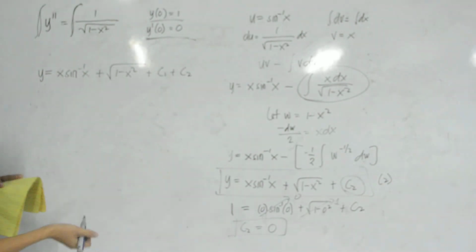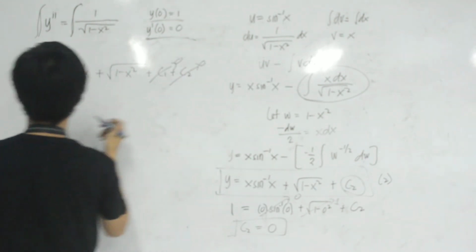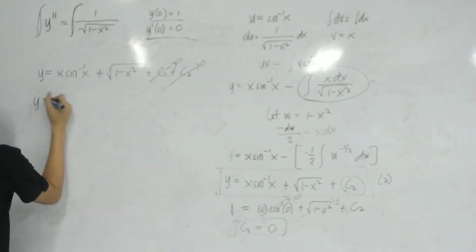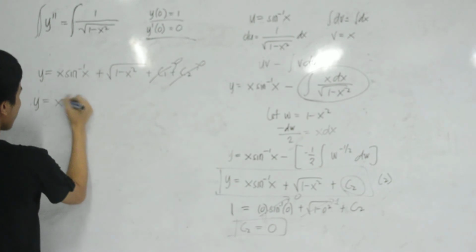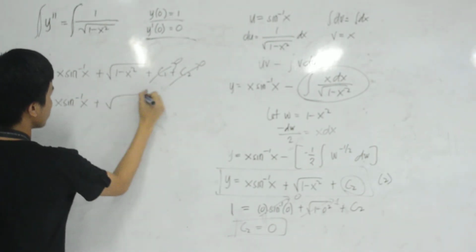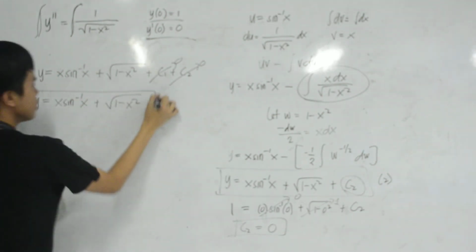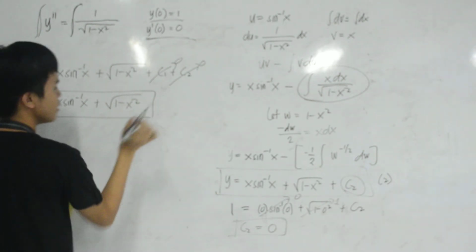Since our value for c1 and c2 is just equal to 0, then we can cancel these two terms. So we will end up with y is equal to x sine inverse of x plus square root of 1 minus x squared. So this is now the general solution for the given equation.